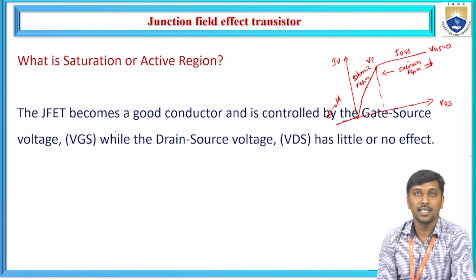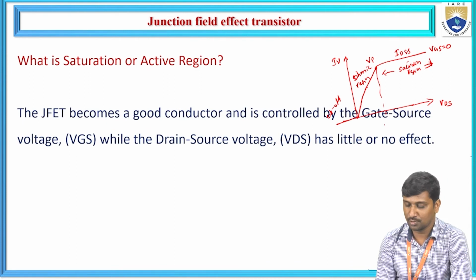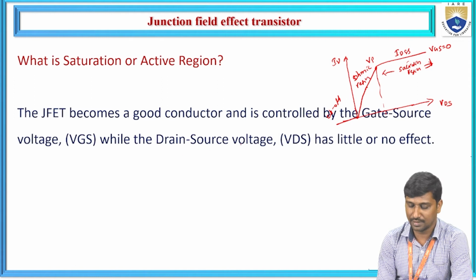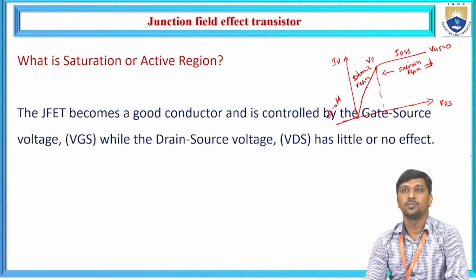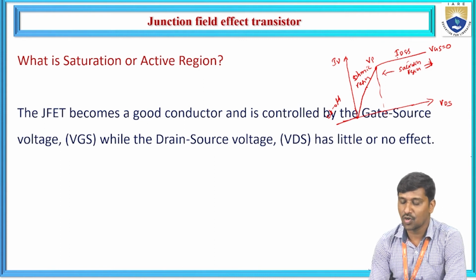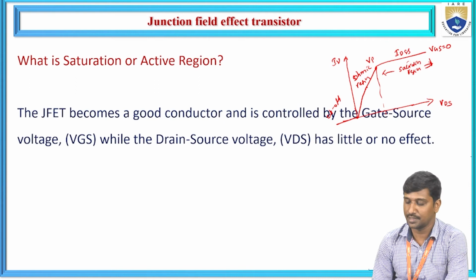That is the reason a JFET becomes a good conductor and is controlled by the gate source voltage, while the drain source voltage has little or no effect. With the variation of the drain to source voltage or gate to source voltage, there is no change in the drain current. The drain current becomes constant. That region is called the saturation region or active region.